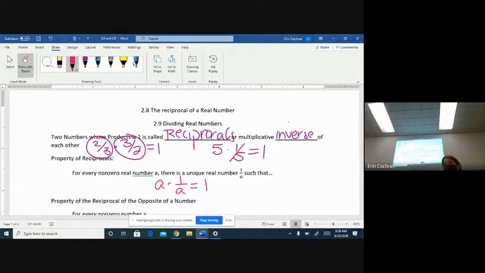Same thing if I have 1/a, I would multiply 1/a by a, and that would equal 1.